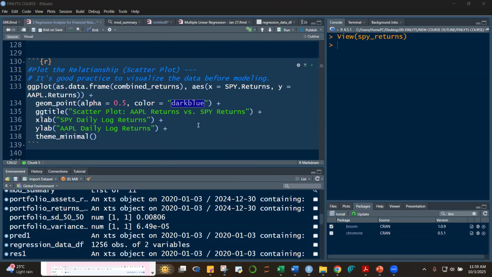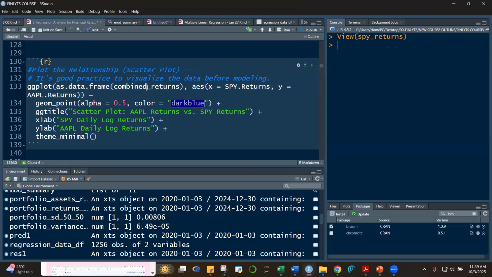Now this one I shared with you in the file that I posted. This is just ggplot, one of the most powerful data visualization tools. The package is ggplot2. Okay, the function is ggplot. Take note that we're using combined returns. So you first define the data to be used.